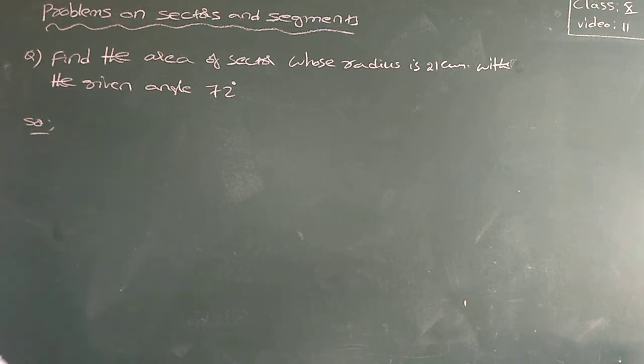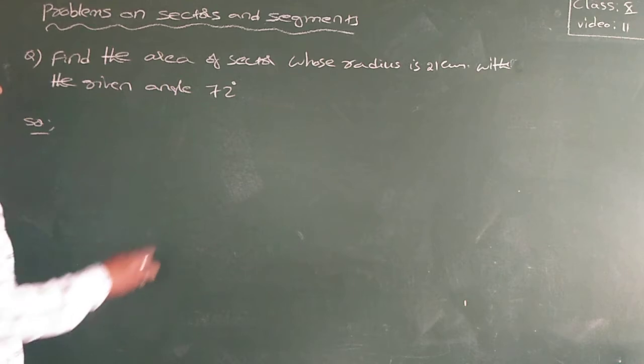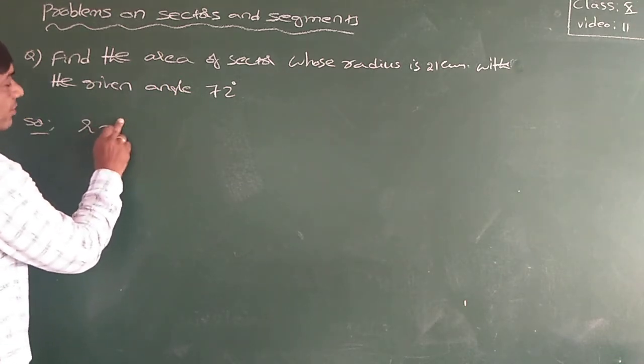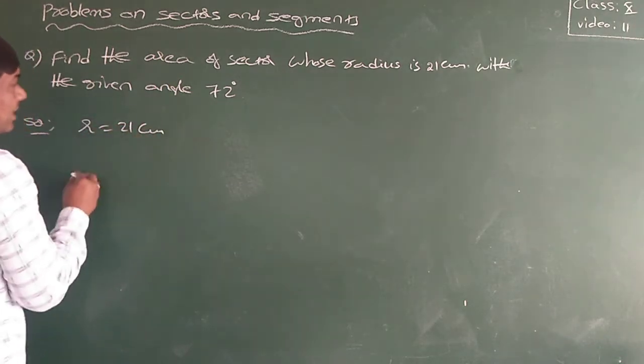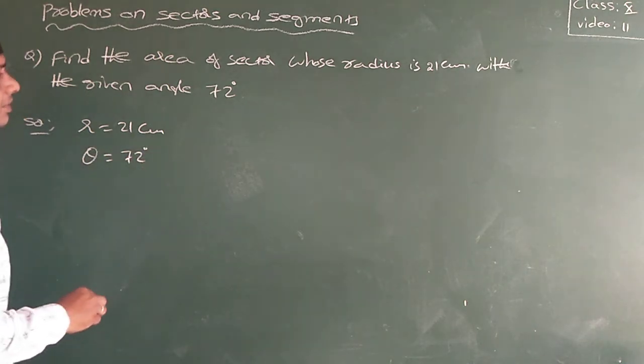Find the area of the sector whose radius is 21 centimeter with the given angle 72 degrees. Radius is equal to 21 centimeters and the angle is equal to 72 degrees.